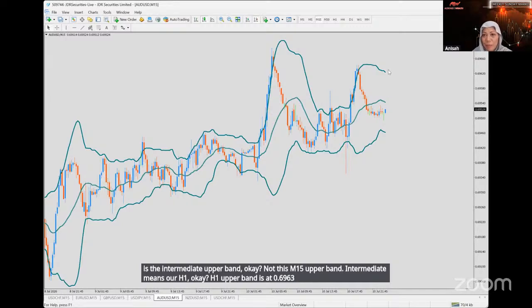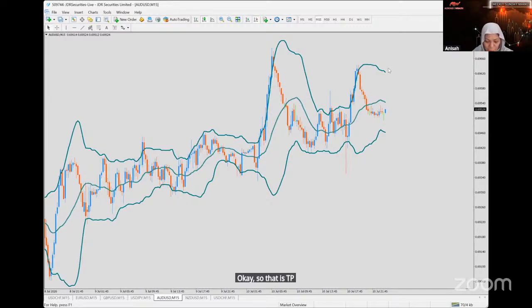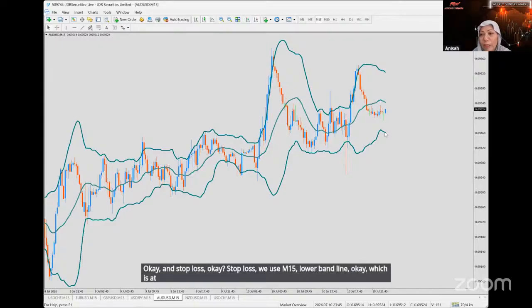That is TP1, and TP2 at 0.70612, which is the major upper band level. And stop loss, we use the M15 lower band line, which is at 0.69456.